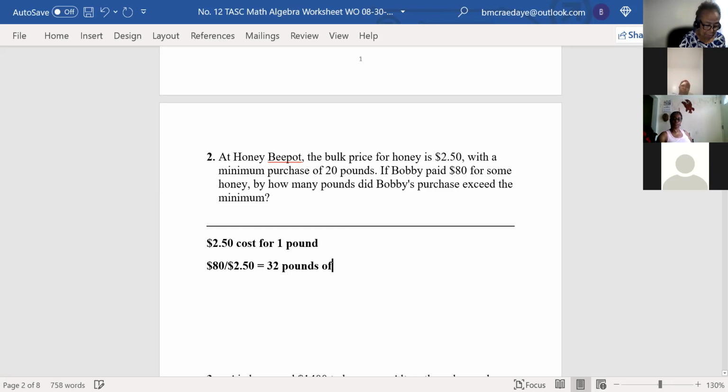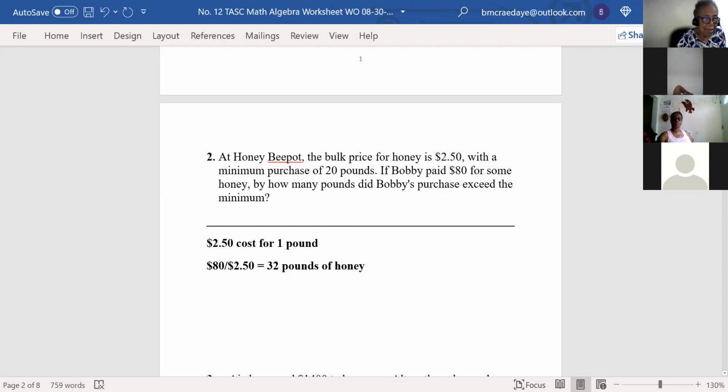So that's where your 32 came from. It didn't come from the air. It came from taking the total Bobby spent, $80, divided by the cost per pound of honey. He paid $80 for 32 pounds of honey, which came from 80 divided by 2.50.